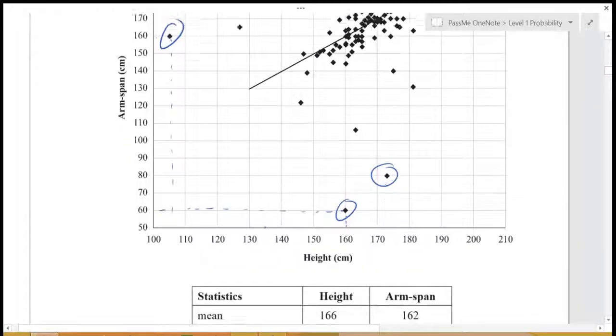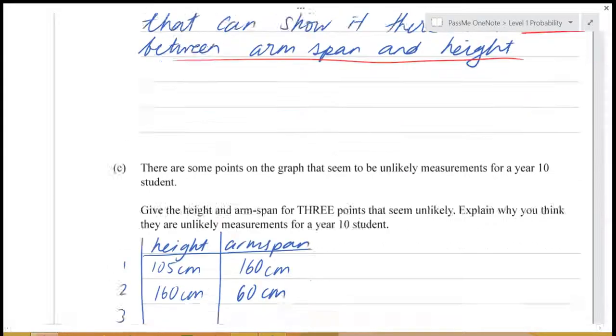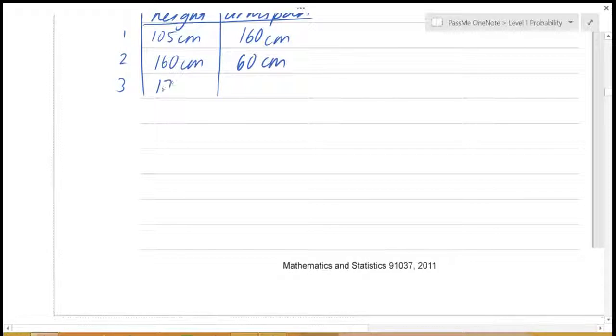And our last one here, we have a height of about 174, 173 perhaps, and an arm span of 80. So 173 and 80 centimeters. Now I've just chosen 3 there. You could probably choose some other ones there as well, but we'll talk about those ones.